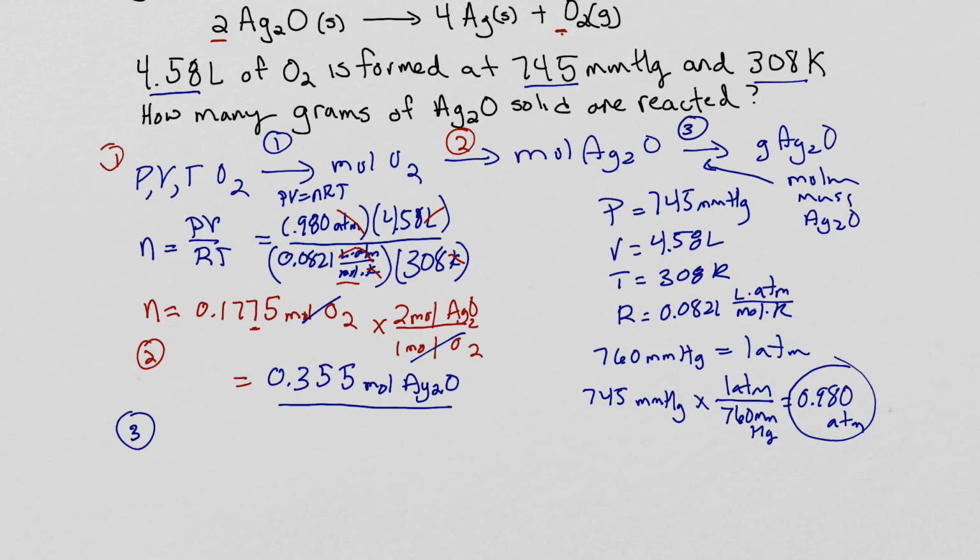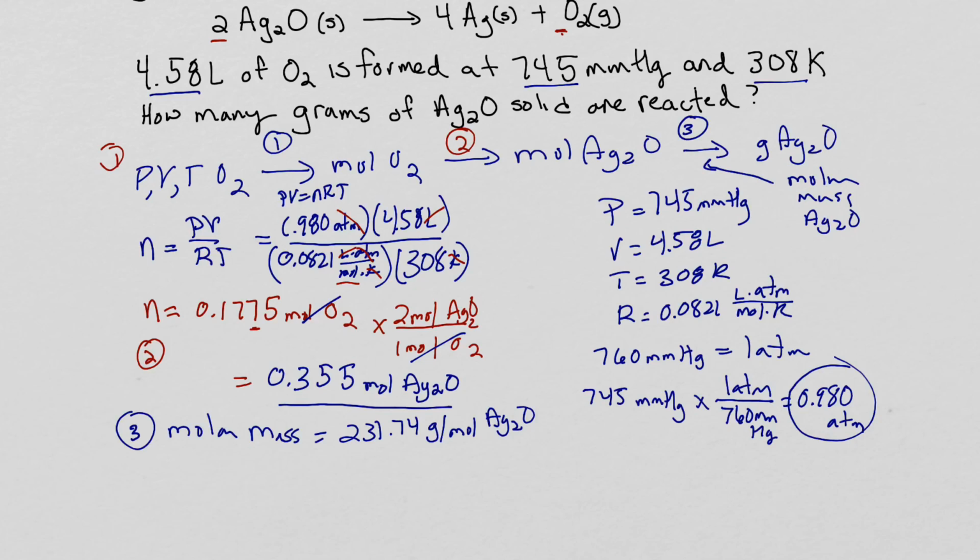If we calculate that, the molar mass equals the mass of 2 silvers plus the mass of 1 oxygen, which should give us 231.74 grams per mole silver oxide.